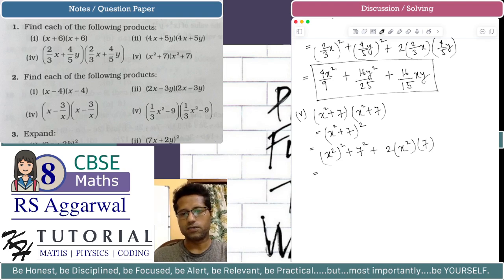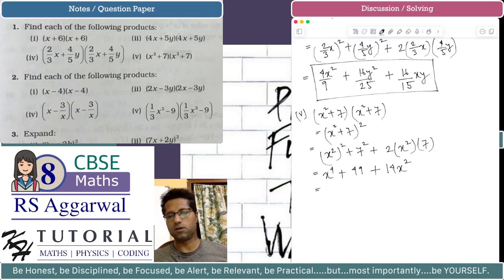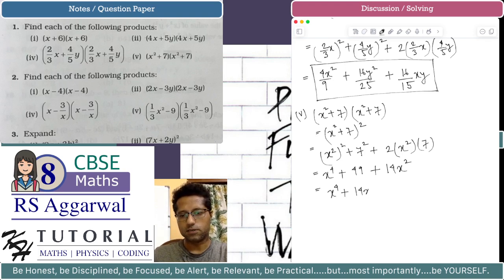So the square of x square is x to the power 4, plus 7 square is 49, and 2 into x square into 7 is 14x square. Now we will arrange the terms in descending order of their degrees. So this becomes x to the power 4 plus 14x square plus 49. This is the result.